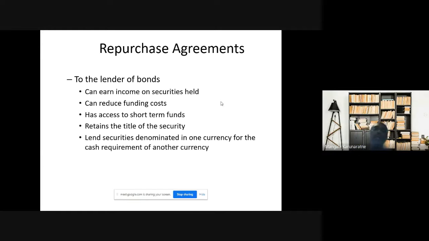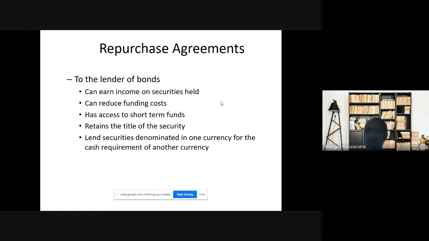So here in a repurchase agreement, the lender of bonds will have lower funding costs. He has access to short-term funds at lower funding costs. So these short-term funds will earn more income for him, like we explained in the first point.